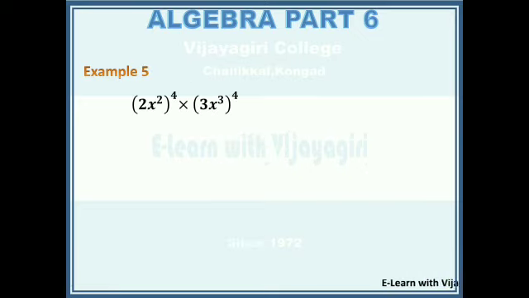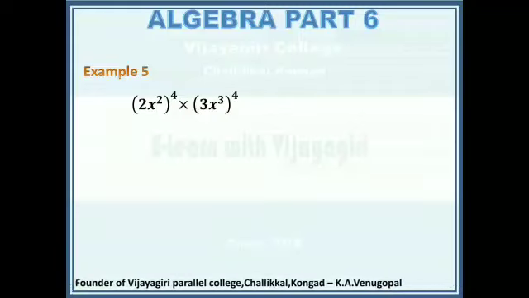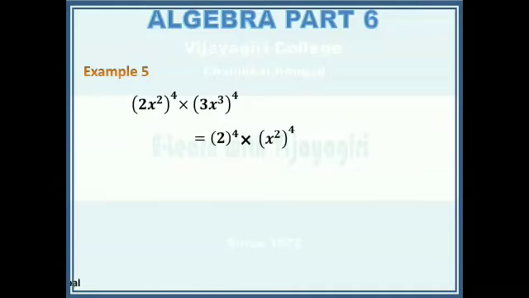Next example, 2x square whole to the power 4 into 3x cube whole to the power 4. Here also same way we have to continue. 2x square whole to the power 4, there is a number and index expression. So we have to expand it separately by giving the power separately. 2 to the power 4 into x square whole to the power 4.